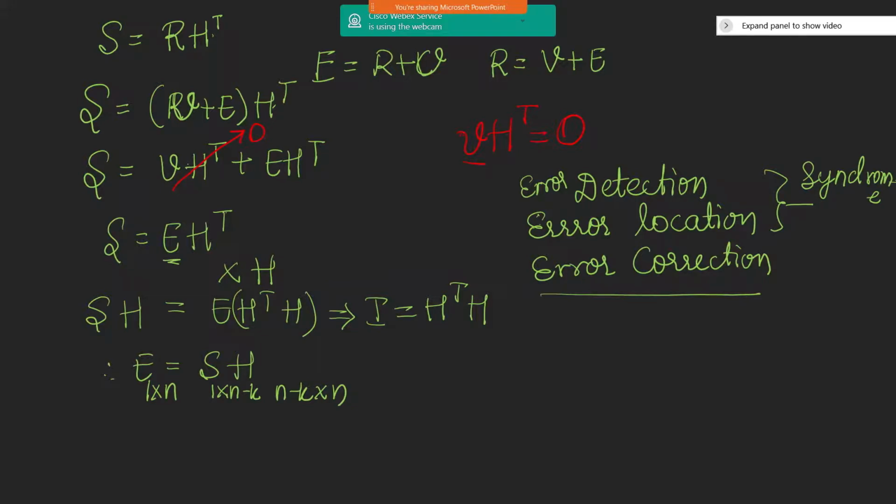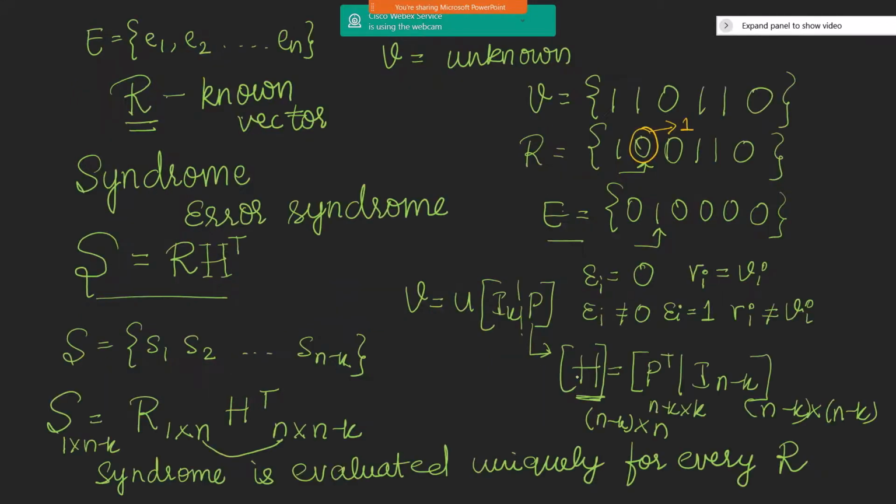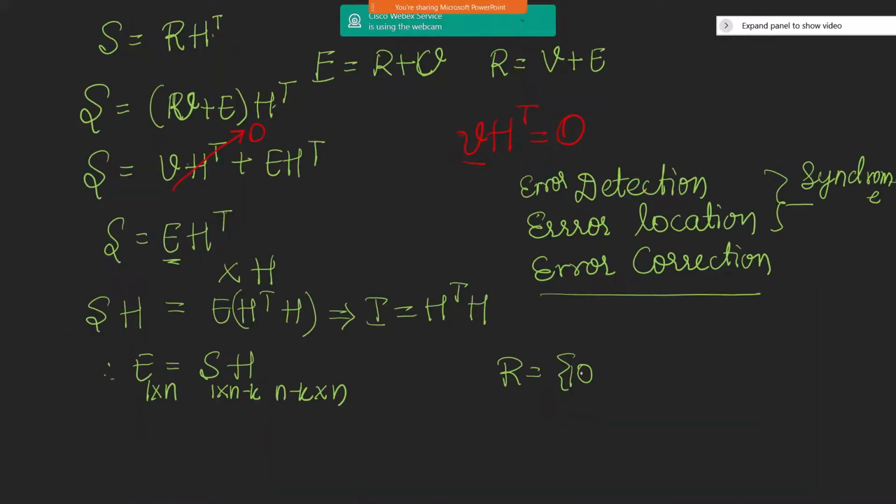Then there is also a restriction on how many such errors we can correct. If I have a received vector where two bits are varying, assume that I have taken the previous example, that is 110 110. Assume that in this transmitted vector 110 110, two bits have ended up in error, that is 101 110.